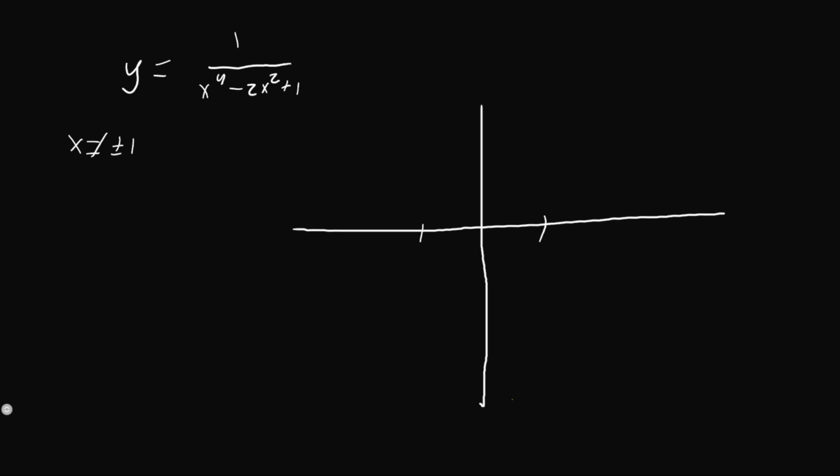So we have -1 and +1. And we're going to go ahead and make a little table. But first, let's look at x equal to 0, to see how our graph is going to behave. When x is equal to 0, it is equal to 1, because 1 over 1 is just 1.